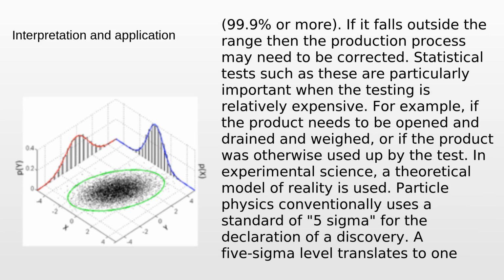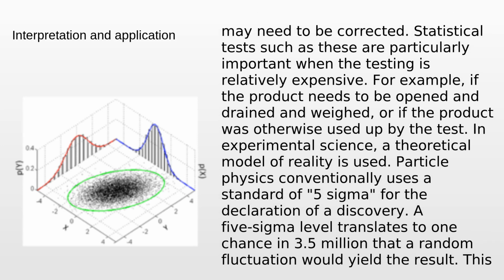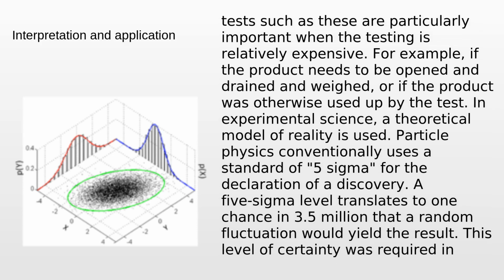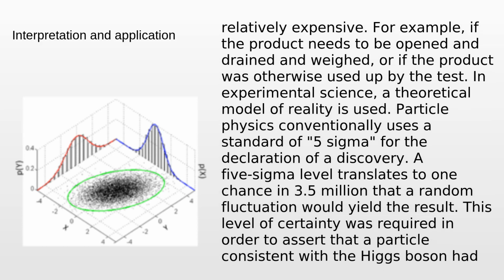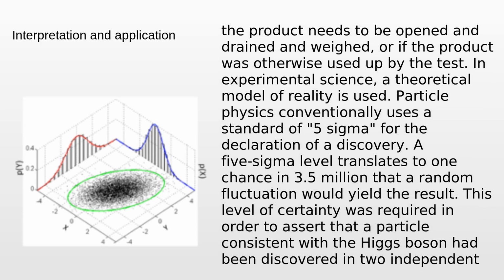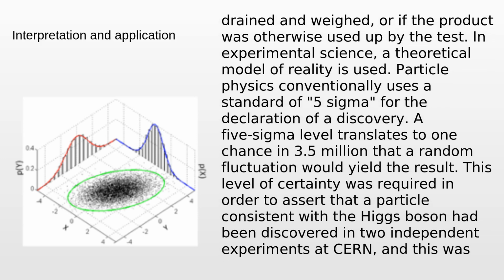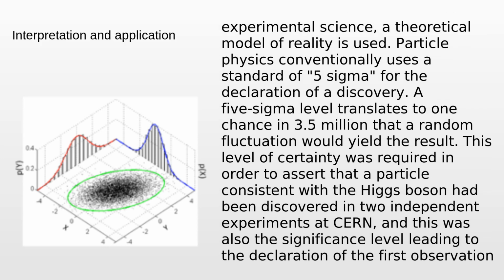Statistical tests such as these are particularly important when the testing is relatively expensive. For example, if the product needs to be opened and drained and weighed, or if the product was otherwise used up by the test. In experimental science, a theoretical model of reality is used. Particle physics conventionally uses a standard of 5 sigma for the declaration of a discovery.